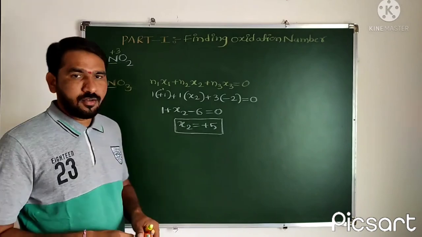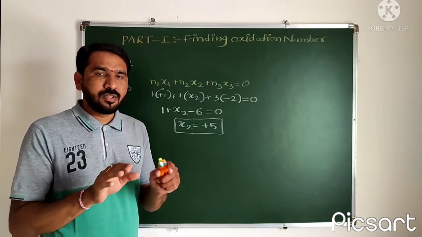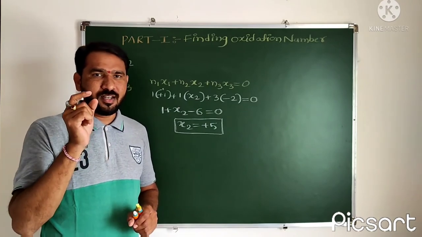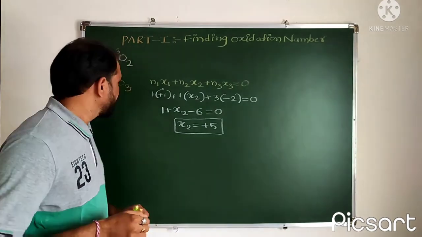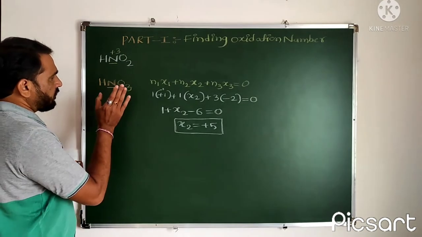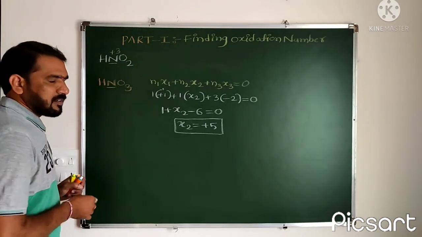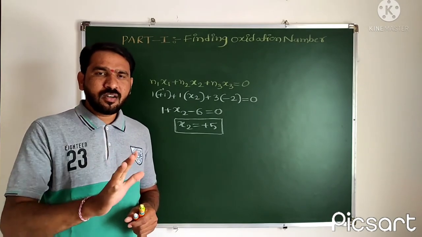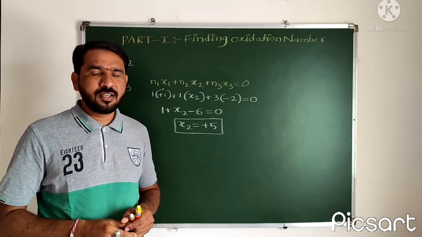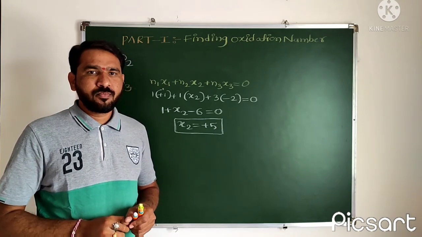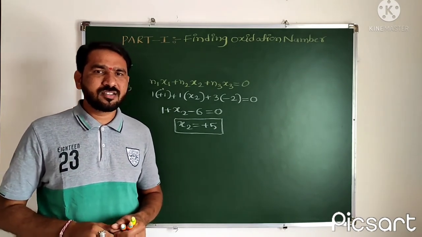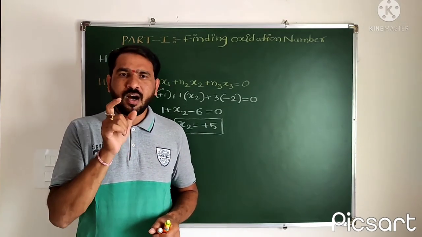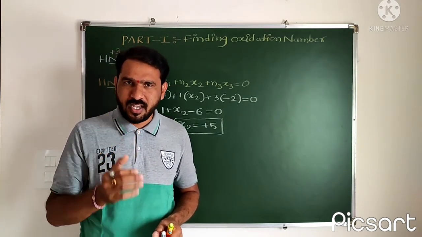Then the second method: without using pen and paper, without using the formula, also we will easily get the oxidation number of nitrogen. How? Let us see. First of all we should calculate the oxidation number of oxygen. As I told, the general oxidation state of oxygen is minus 2. Why? Simply, oxygen atomic number is 8.